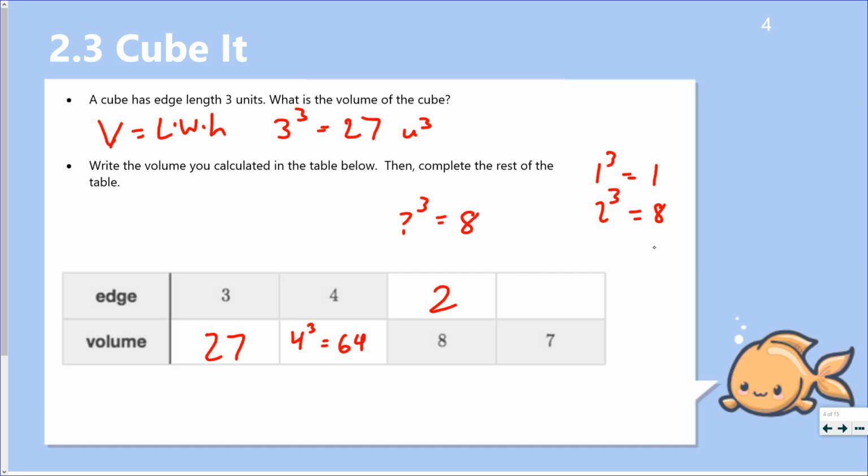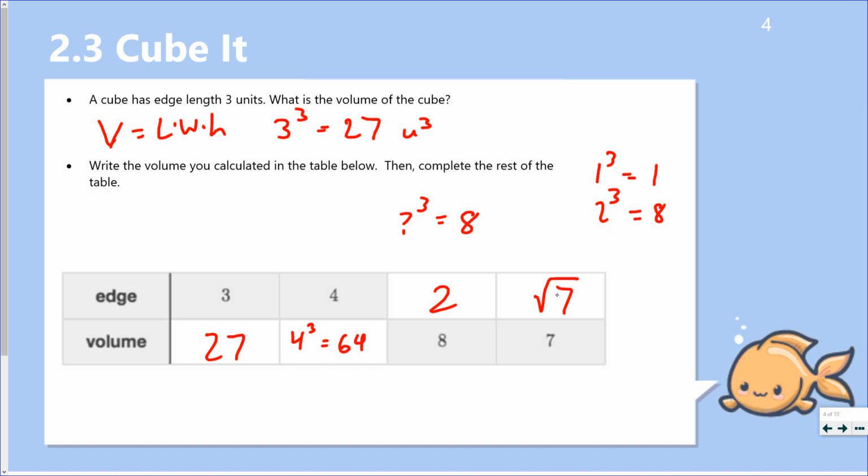Now, in this case, though, we might say, oh, well, kind of like before, we have the area, and we were able to write the side length as a square root when it didn't work out evenly. But we're not dealing in squares, we're dealing in cubes. So at first, it might make sense to write it as a radical.